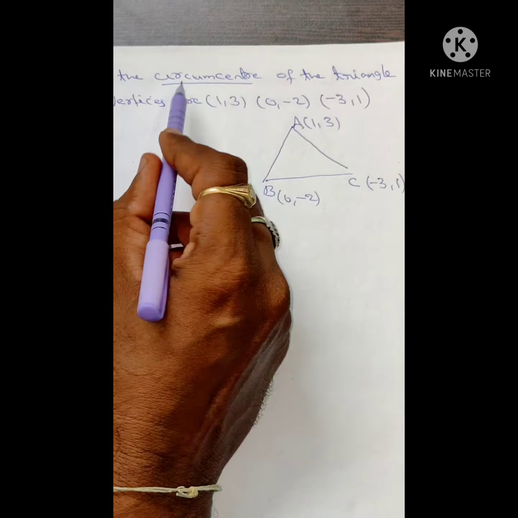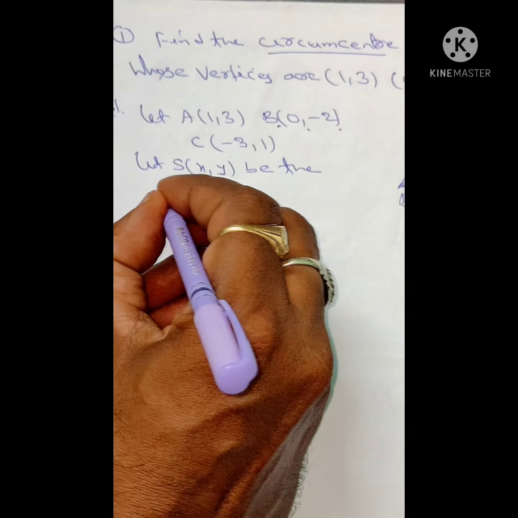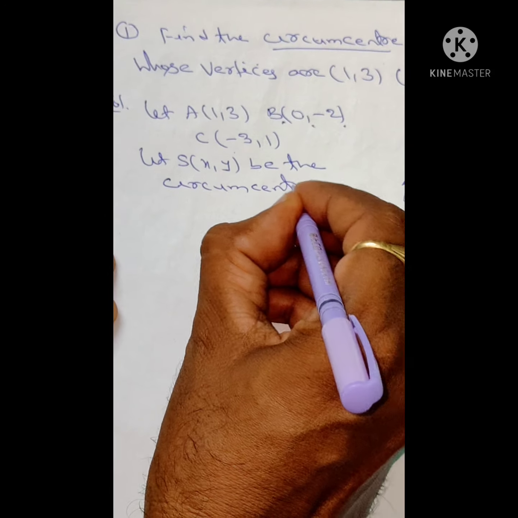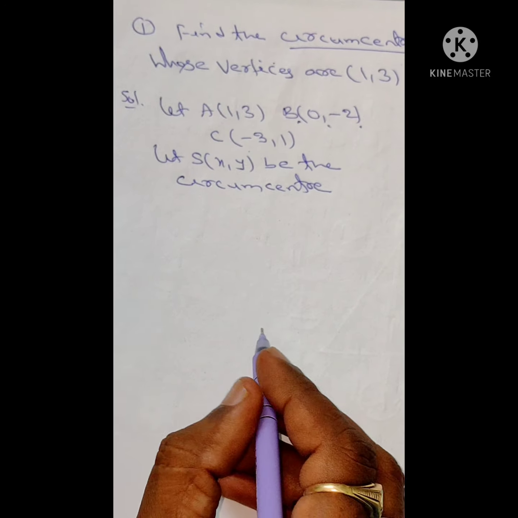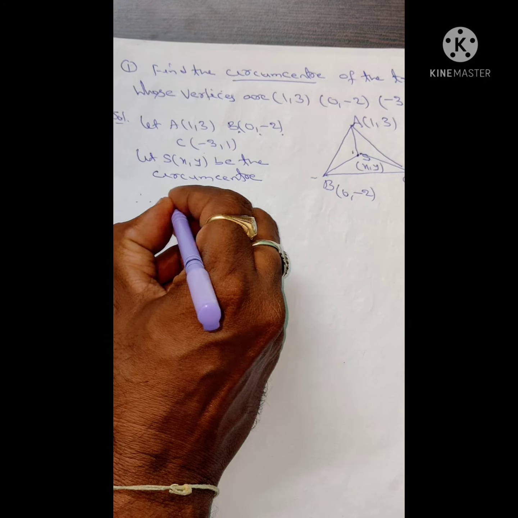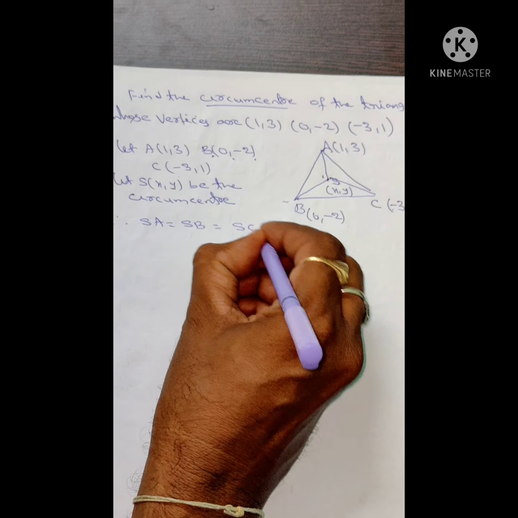Let S(x, y) be the circumcenter. From the figure, SA is equal to SB is equal to SC.